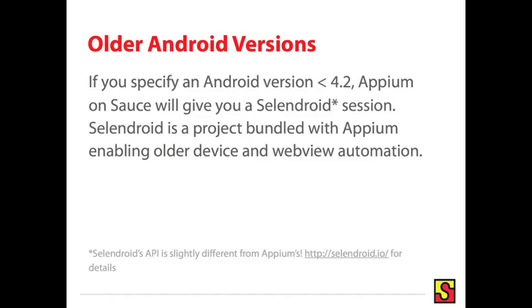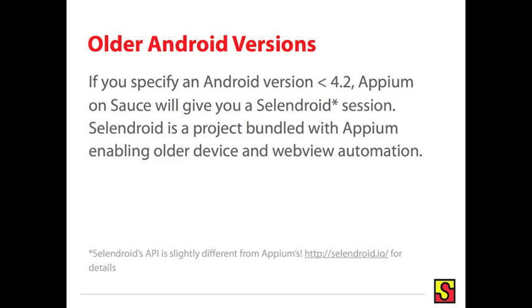So now I want to make a note about Android versions. Because Appium relies on different strategies for automating Android applications based on the version of the device that they're running on. So if you're running a device with Android 4.2 or up, you can use Appium's native support, which uses Google's UI Automator under the hood.